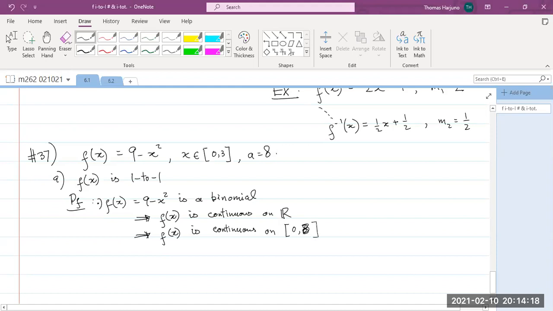It is actually continuous everywhere, but because they restrict the function to be from 0 to 3, I just need to show that the function is continuous from 0 to 3.